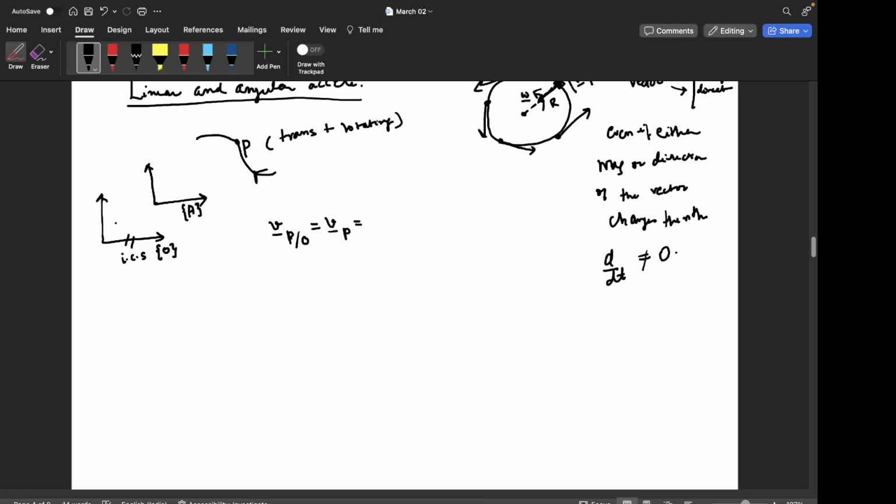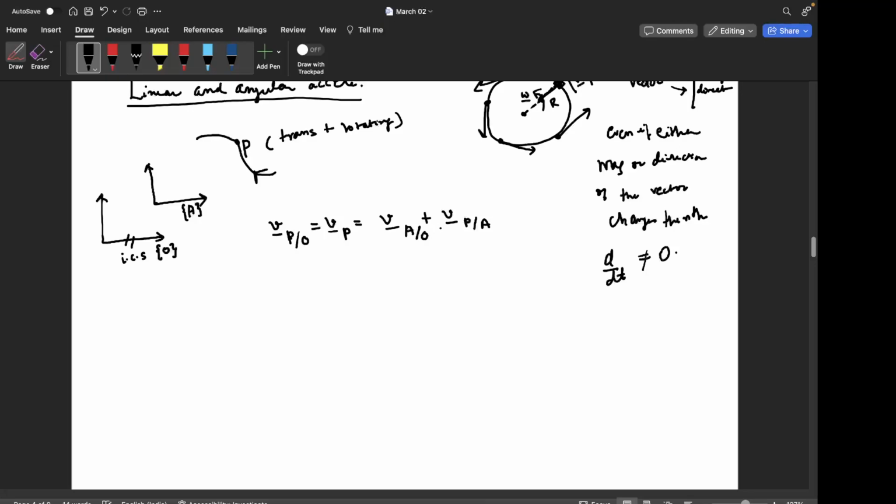So this is equal to, remember what we discussed a few discussion hours ago, that first we will write the velocity of the A frame and the velocity of point P in the A frame. Does this equation make sense, which I just wrote?